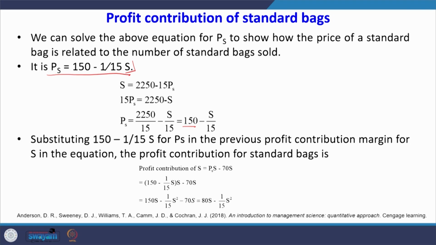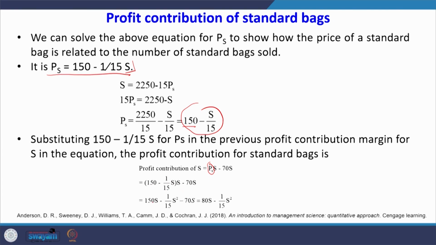Now we are going to substitute this PS. Substituting 150 minus S upon 15 for PS in the previous profit contribution equation for S, we already know the equation for profit contribution of S. So instead of PS, we substitute 150 minus S upon 15.